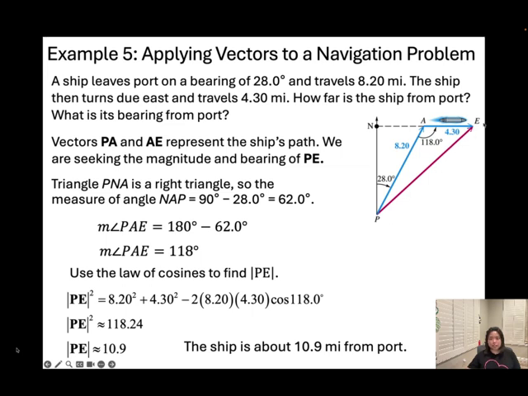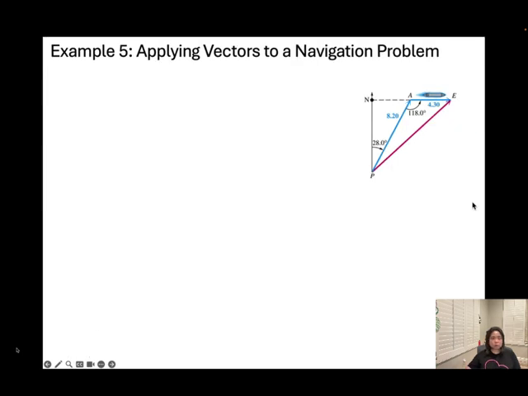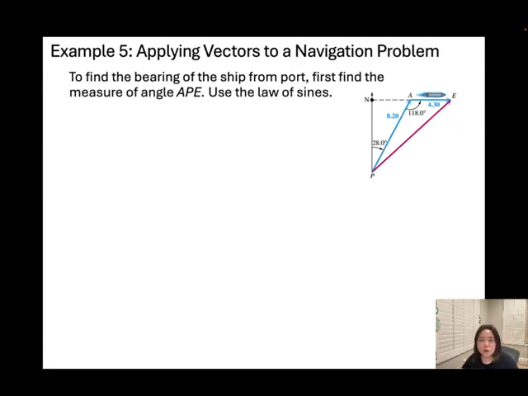Now we want to find the bearing from the port. So we need to know the angle here, angle APE, this angle. We're going to use the law of sines. Angle APE, this angle, over 4.3 equals sine 118 over PE, which is going to be 10.9 from the previous slide.